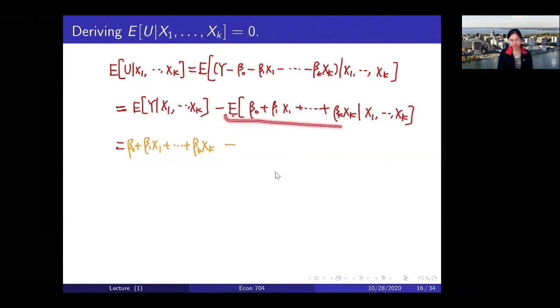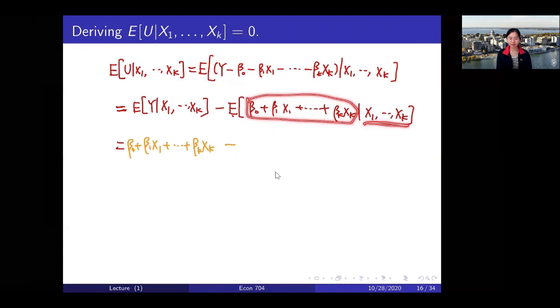And now, what is this conditional expectation given x1 to xk? Given all the random variables x, so given the value of all the covariates, this random variable's value is already given because it is a function of the covariates.